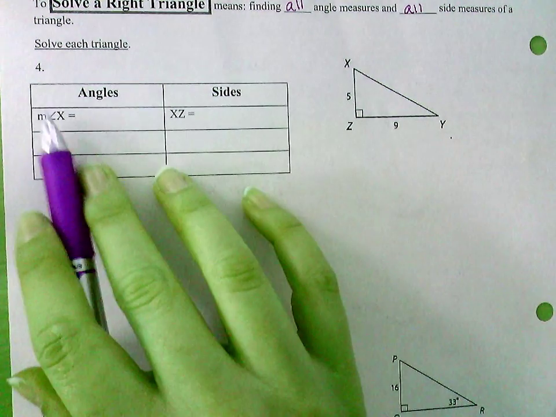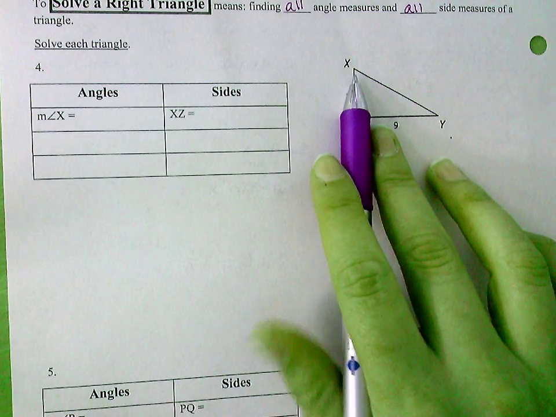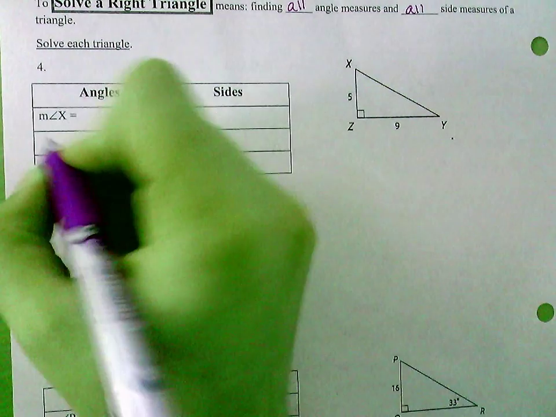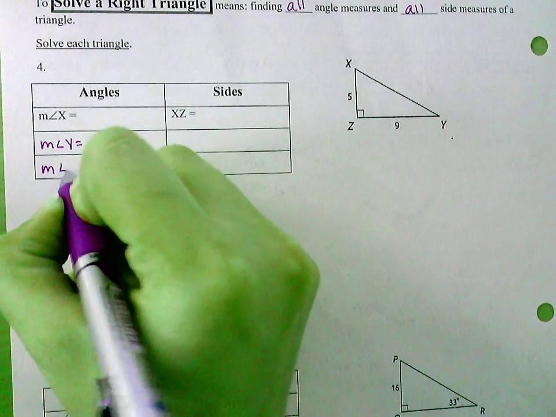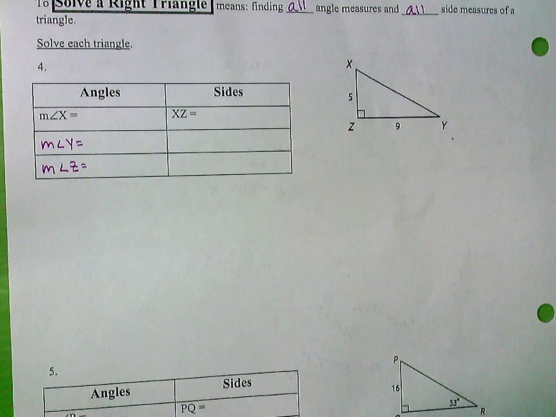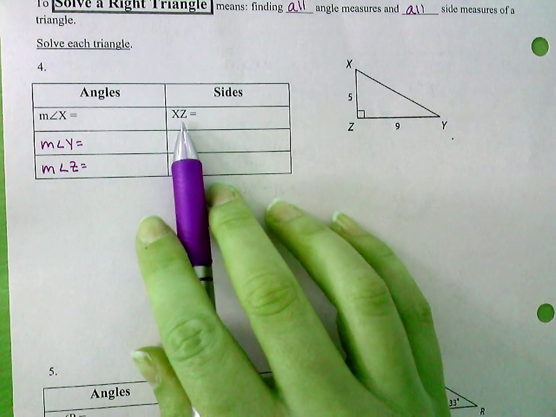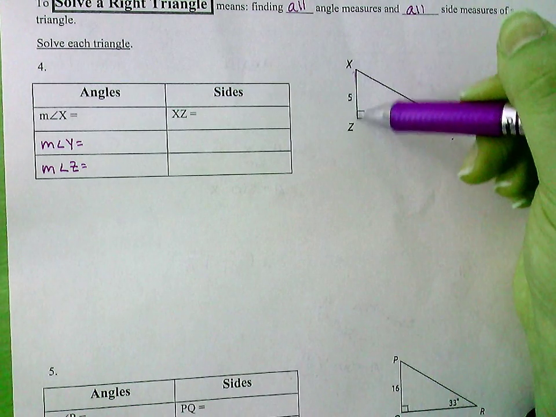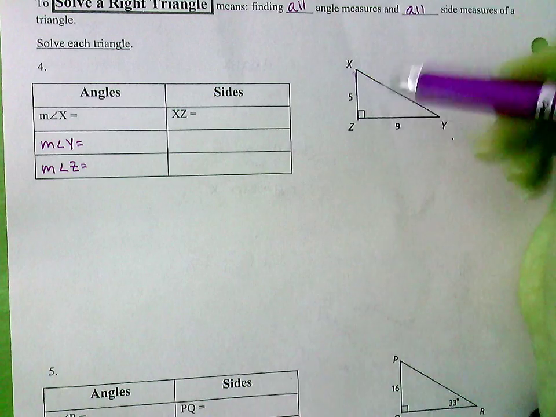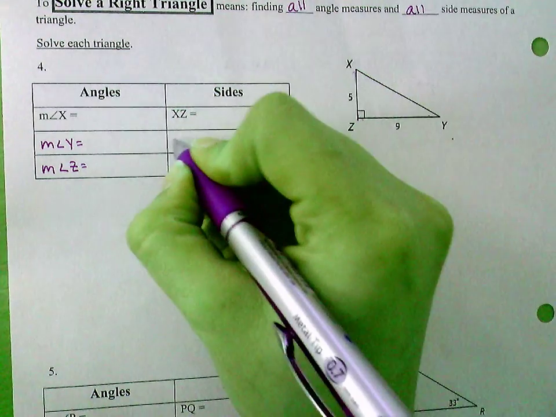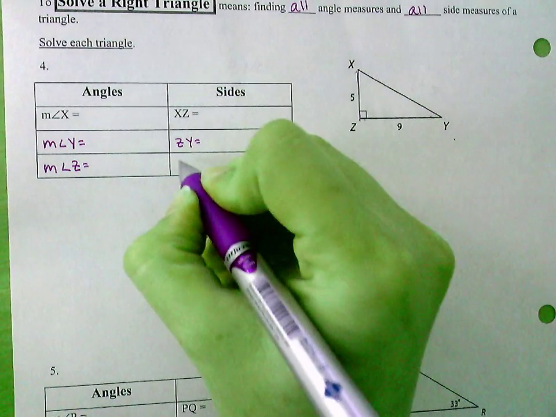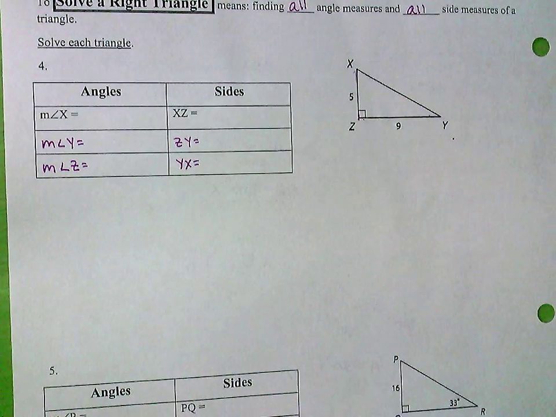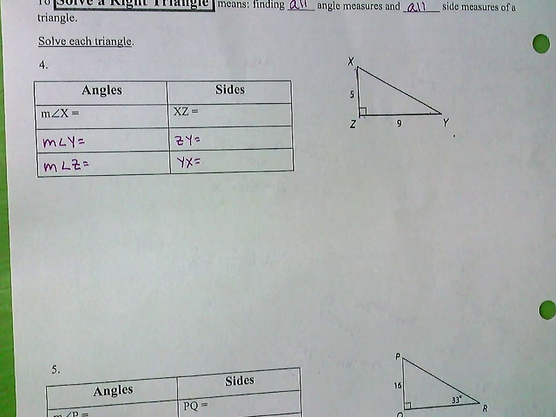So we need to find the measure of angle X. We need to find the measure of angle Y. And the measure of angle Z. For our sides, we need to find XZ. We need to find ZY and YX.